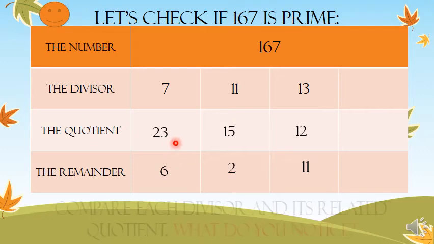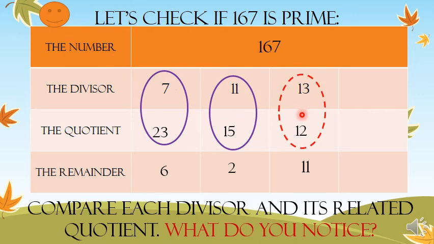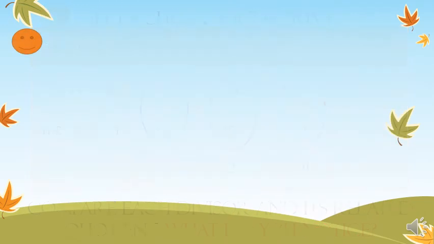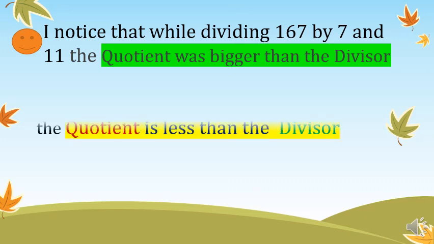But look here. Compare each divisor and its related quotient. What do you notice? We noticed that while dividing by 7 and by 11, the quotient was bigger than the divisor.